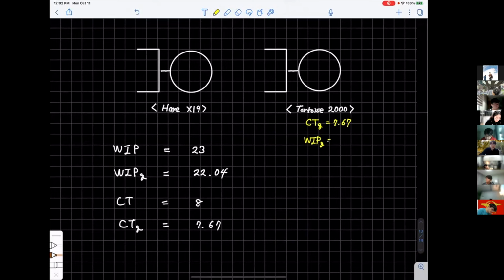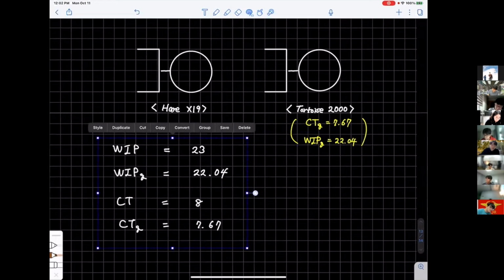WIPQ is, if only this machine works solely, but this will be different if we add pair x19 in front of tortoise.